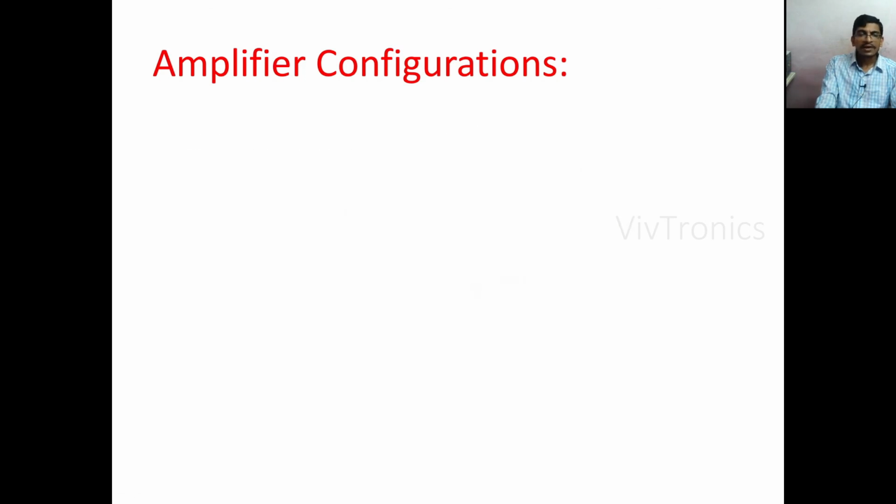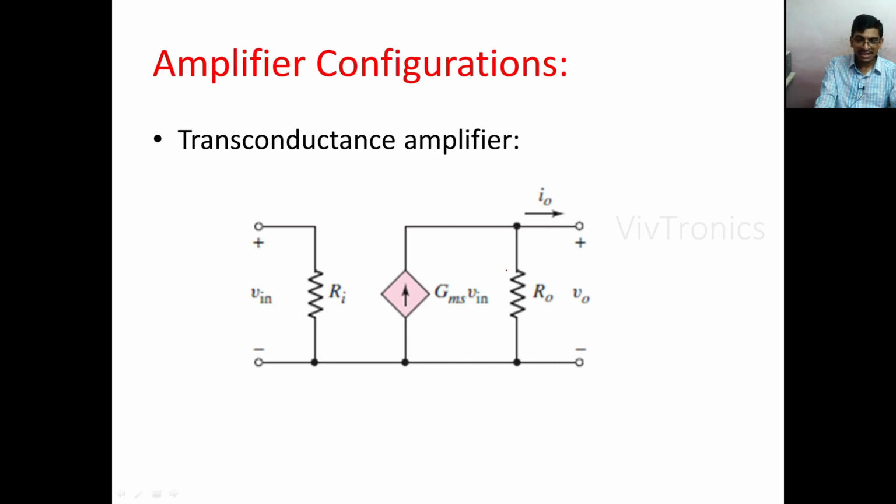The third type of amplifier configuration is the transconductance amplifier configuration. In this configuration, the input signal is a voltage, and the output signal is the current. The ratio of output current to input voltage is nothing but I by V, that is nothing but the conductance.